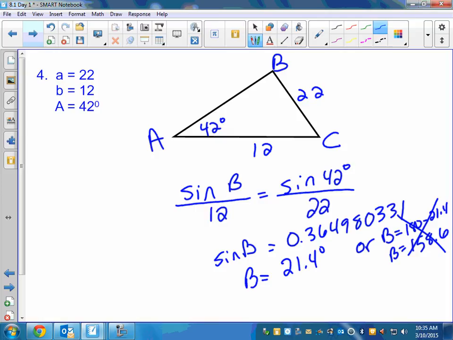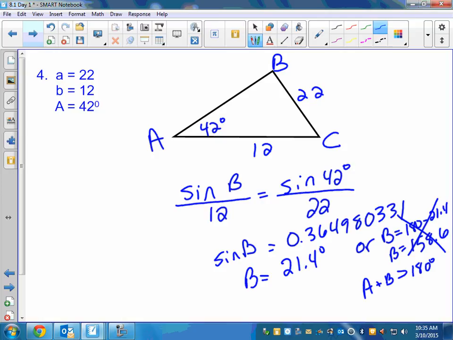I want to see that you tried that, so I know that you knew there was a possibility of a second triangle. If you want, write A plus B is bigger than 180 degrees, that's why you can't do it. You don't have to write that on your homework. But that's the reason we cross it out. Which means you only have one triangle to solve for.